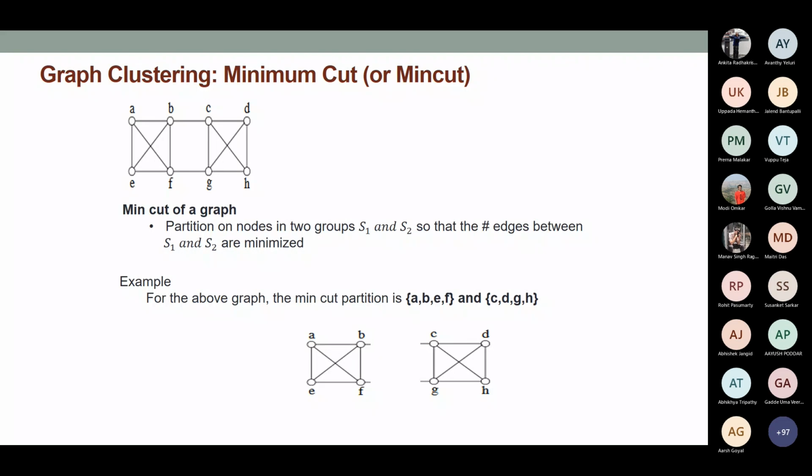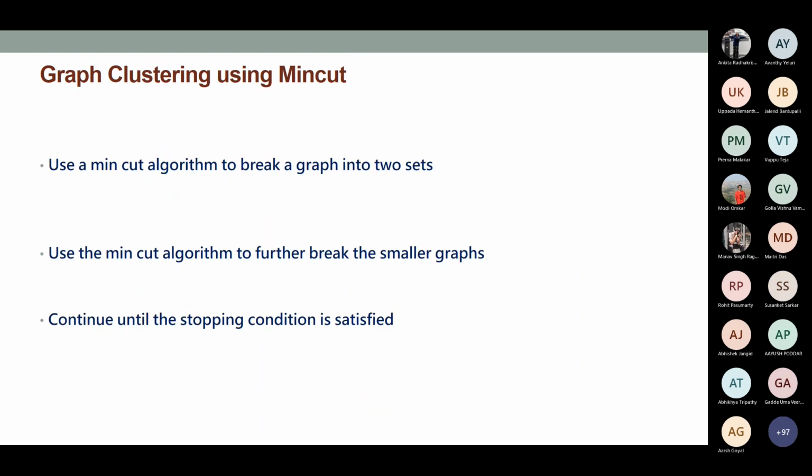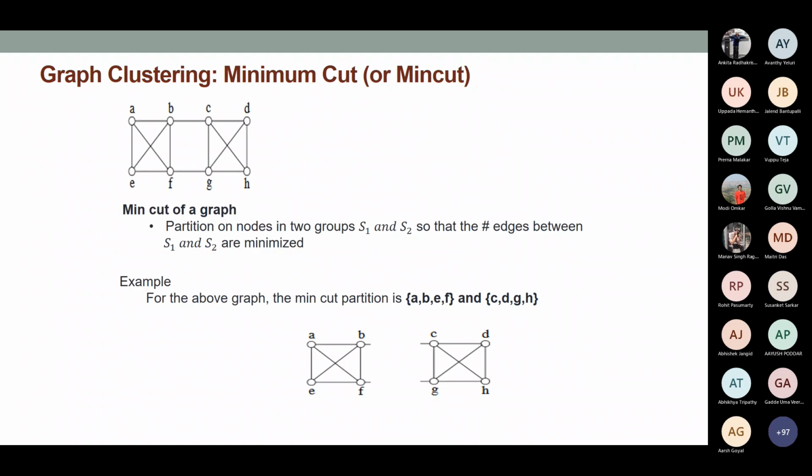You can figure out that A, B, E, F is one group, C, D, G, H is another group, and the number of edges crossing these two groups is 2, because there are 2 edges crossing them. So the minimum cut value will be 2. It's difficult to find other partitions with the minimum value 2; in this case, you do not have that situation. That's basically the min cut problem.